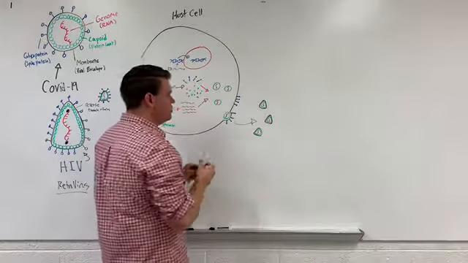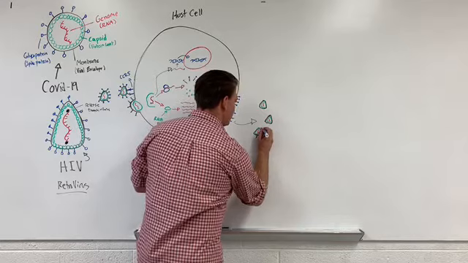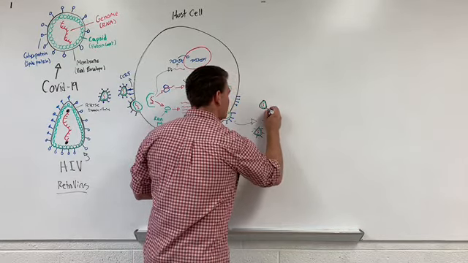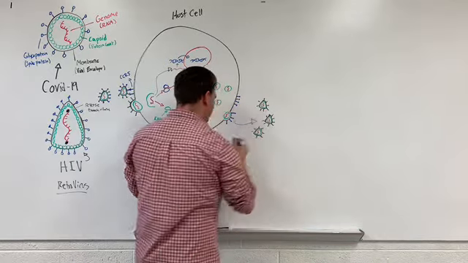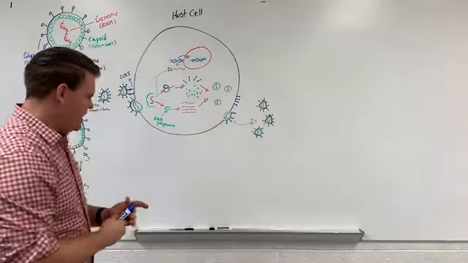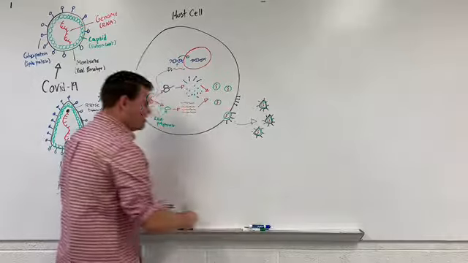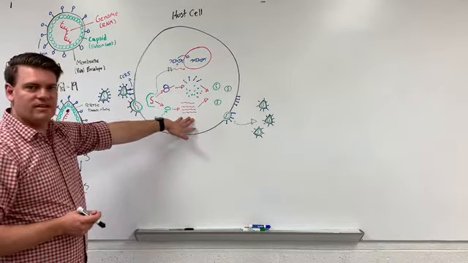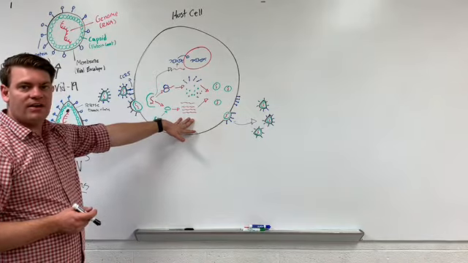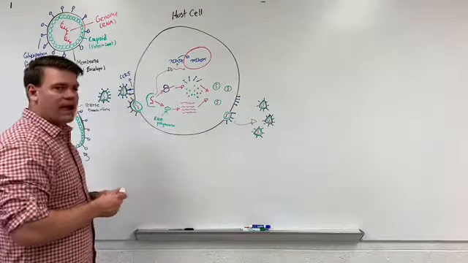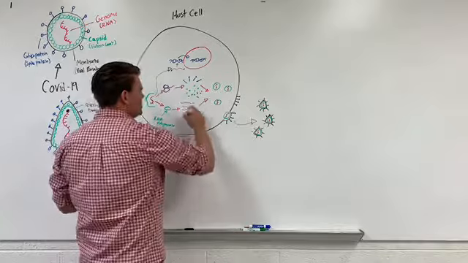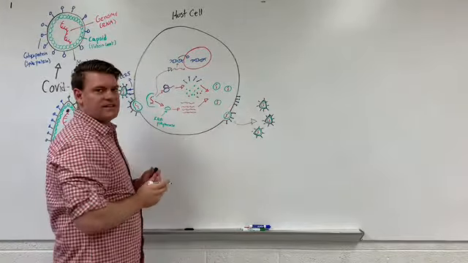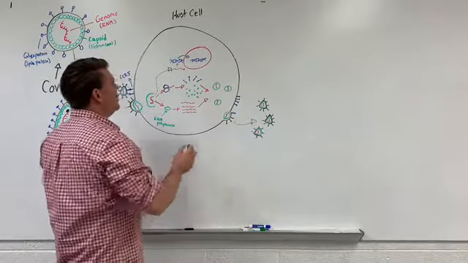So we'll continue to bud out these new viruses. But what it's also done is, let's say one of two things happen. Either our enzymes inside our cell are able to stop this whole process, so it stops this from going on. Well, what ends up happening is, guess what?